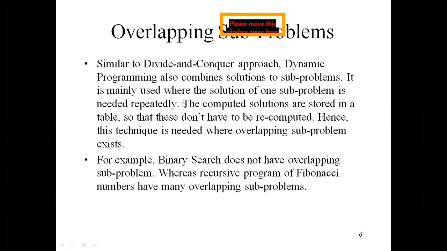When we divide the original problem into a number of subproblems and find the solution to each one, another subproblem's solution may be useful in this one. So the solution of one subproblem is needed repeatedly.